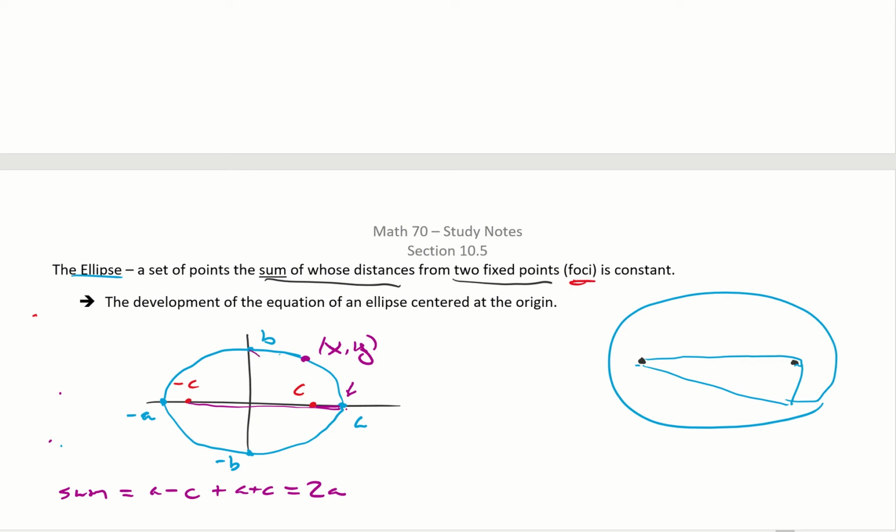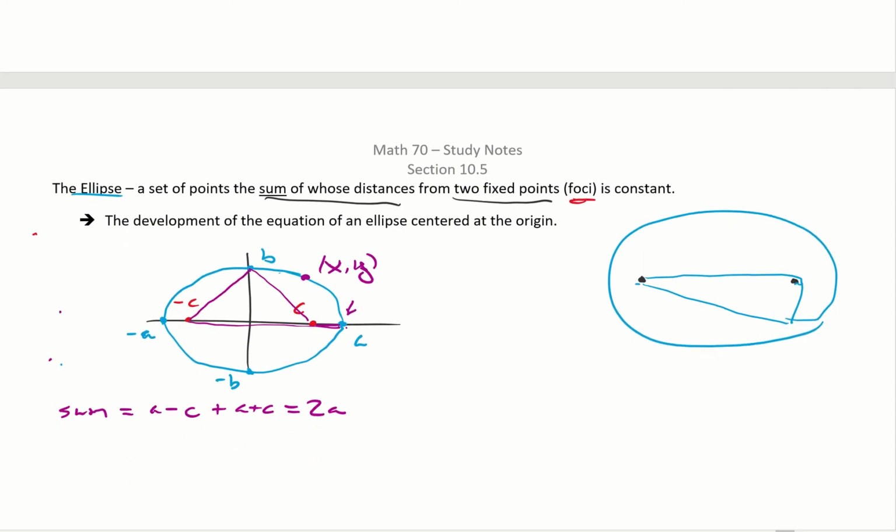You go, well, how about we go from B this way and add up these two distances? Well, you look at that and you go, well, that's a right triangle, and there's two of them, so the sum can also be looked at as twice the square root of b squared plus c squared. Do you see the hypotenuse there? We're doing this guy, but we're adding two of them together.